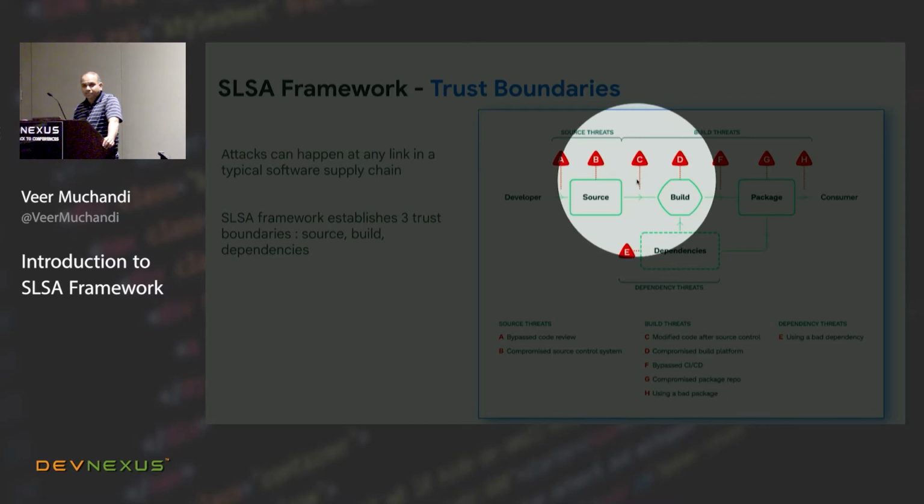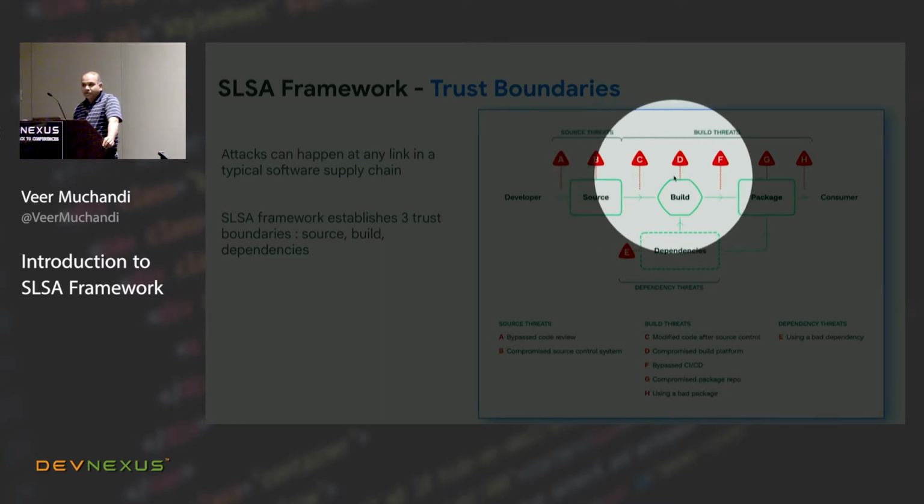Somebody is actually pushing the code through the build process that is not coming from the source control repository, right? Or some malicious code is being pushed through your build process, bypassing your source control system. That's the third thing. Fourth one, your build platform itself may be tampered, right?